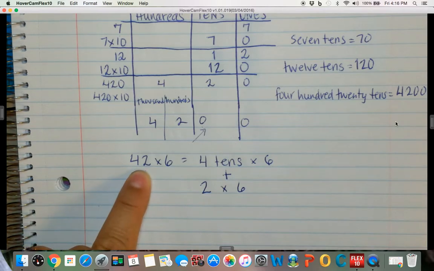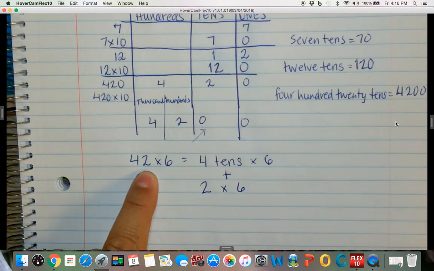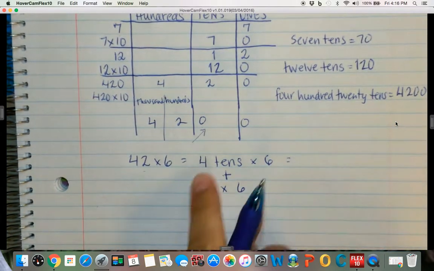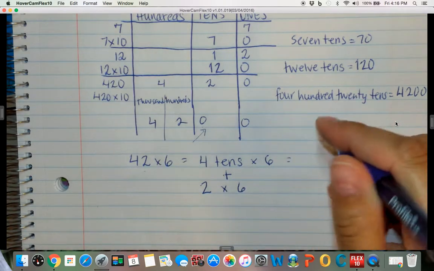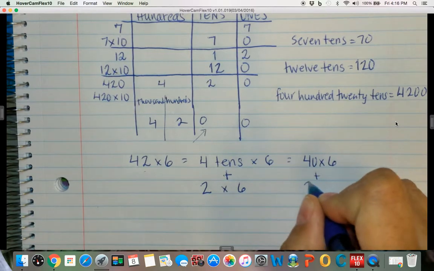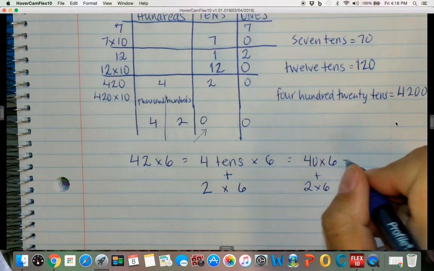4 tens is the 40 out of here. 2 is the ones place, and both of those are being multiplied by 6. 4 tens times 6 means 40 times 6 plus 2 times 6.